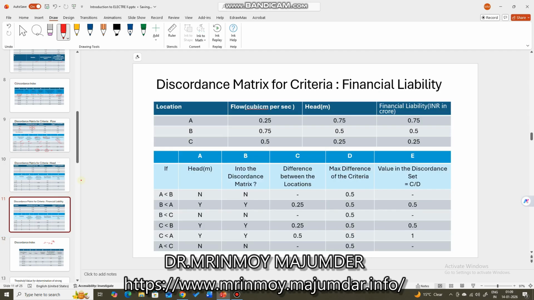Here you see, is B less than A? If yes, find the difference between the locations, 0.25. The maximum difference between the locations for the criteria of financial liability is 0.5.